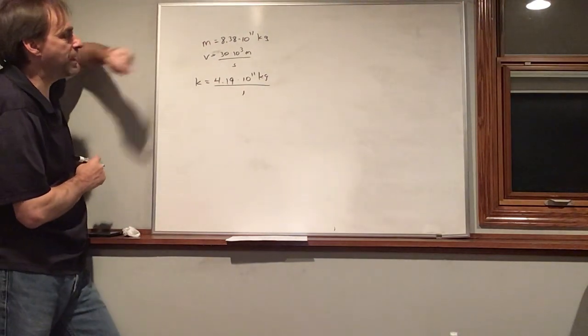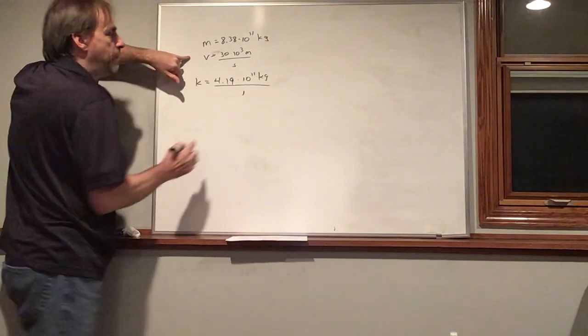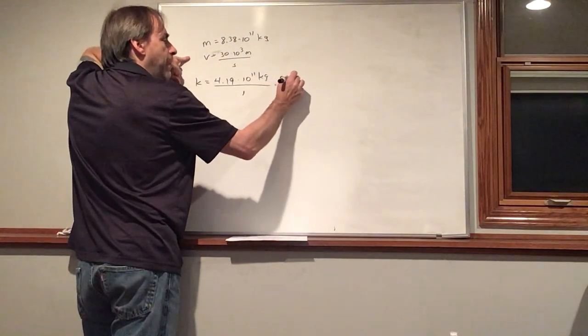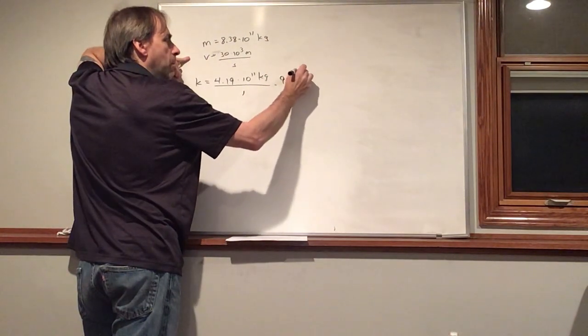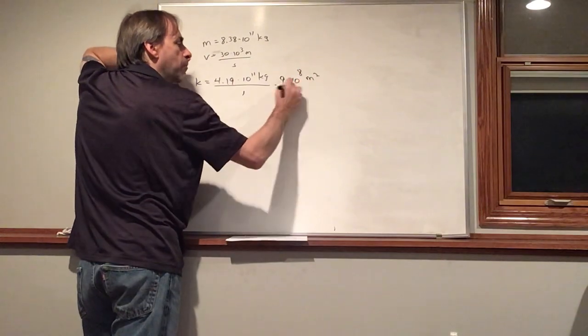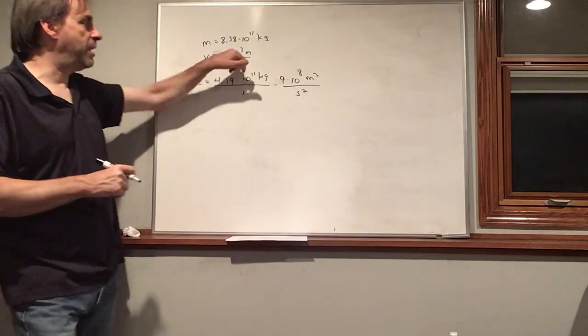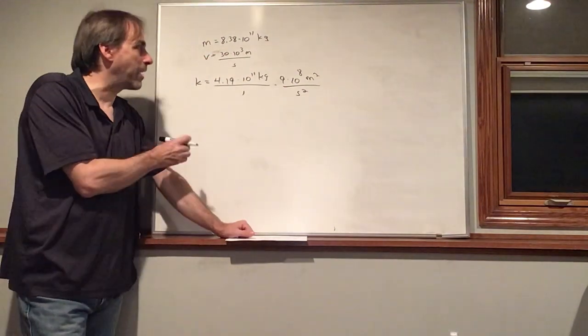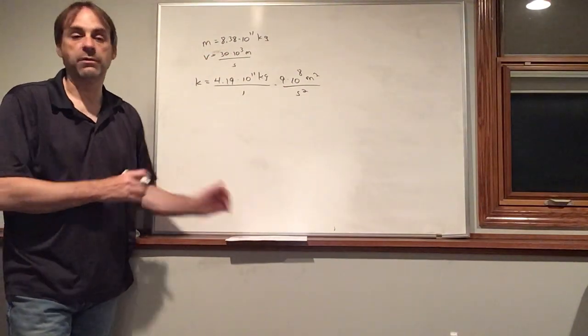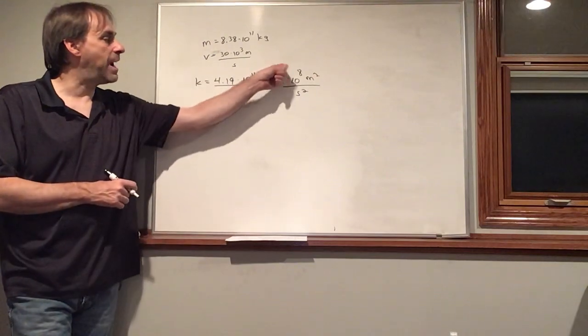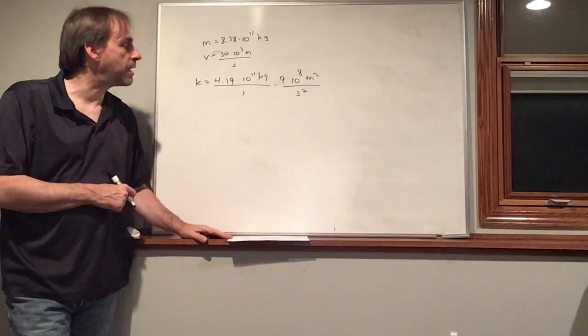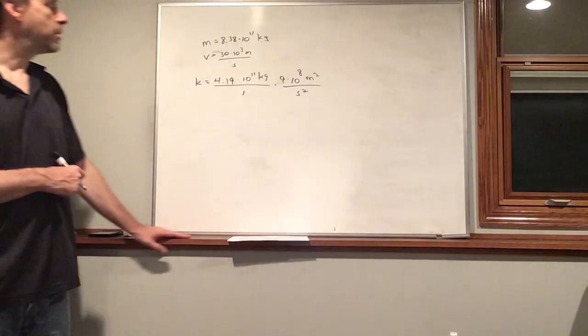And then velocity squared, that'd be 9 times 10 to the 8th power, meters squared per second squared. So I'm writing 30 times 10 to the third. That's like 3 times 10 to the fourth. So if you square it, 3 squared is 9, 10 to the fourth squared is 10 to the 8th.